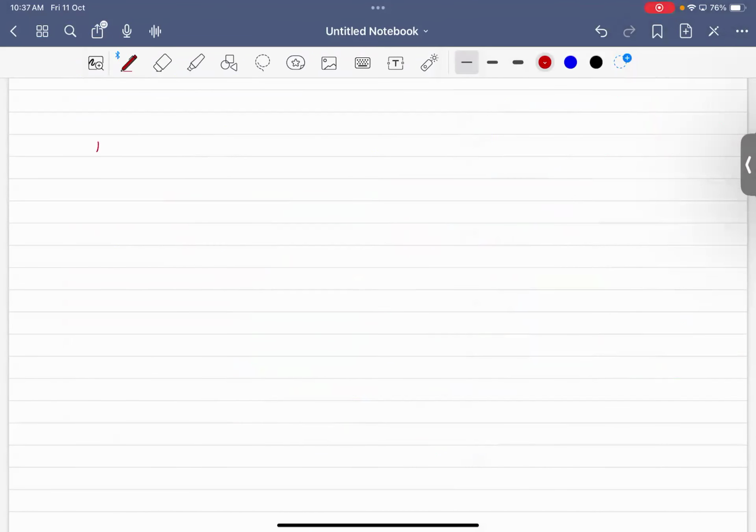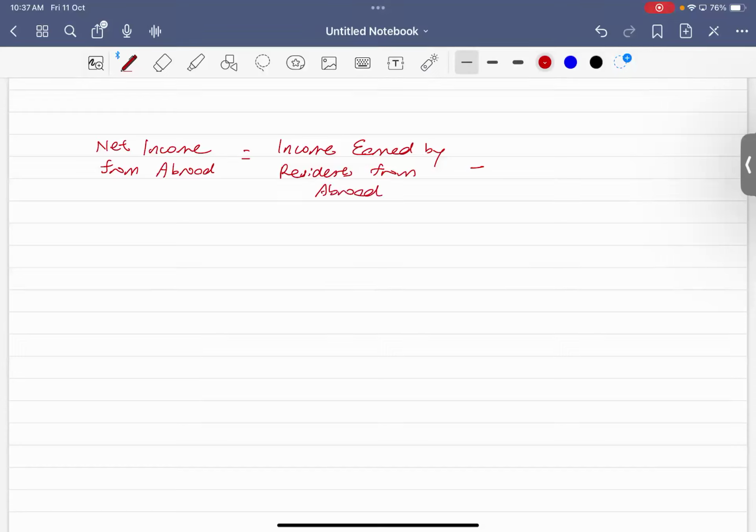To get the net income from abroad, we use income earned by residents from abroad minus income earned by foreigners domestically.